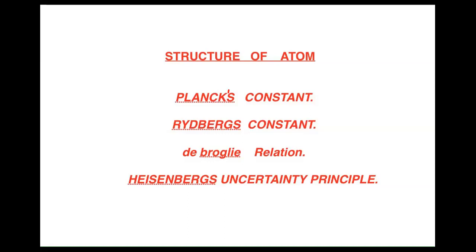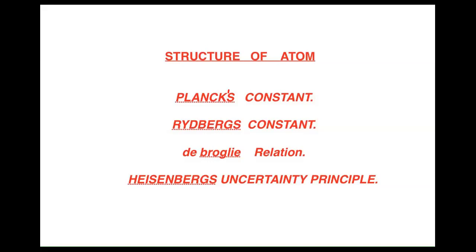Actually, if you see, the Planck's constant links the amount of energy a photon carries with the frequency of its electromagnetic wave. It is used in Planck's equation, and it is symbolized by a small h, and is an inseparable part of many revolutionary formulas.